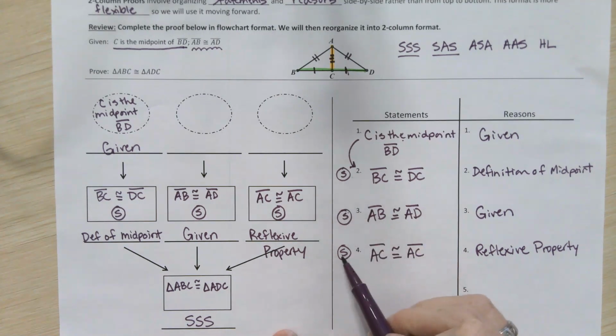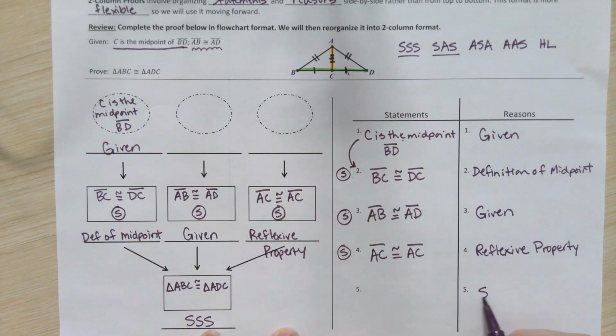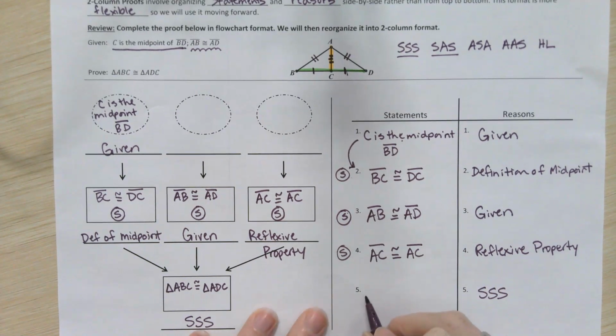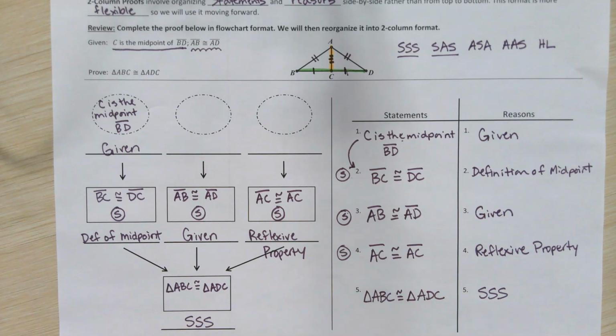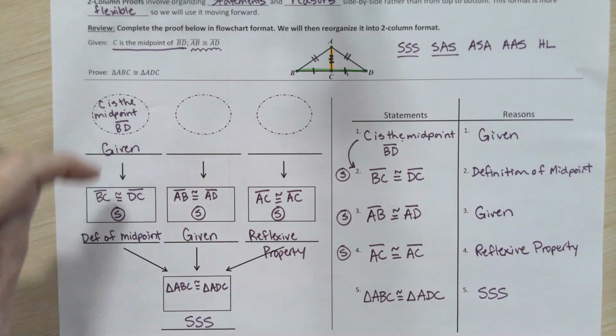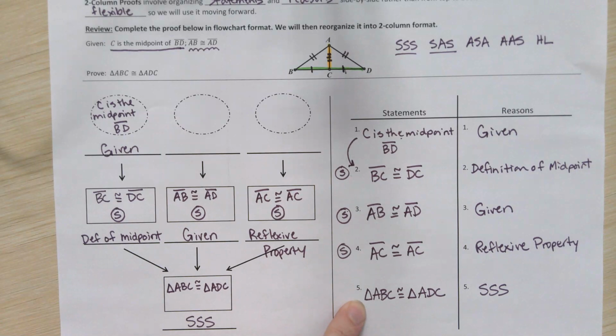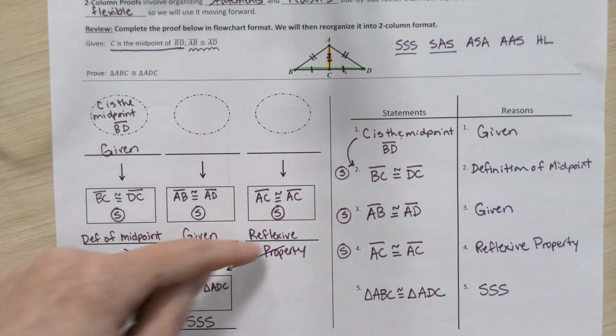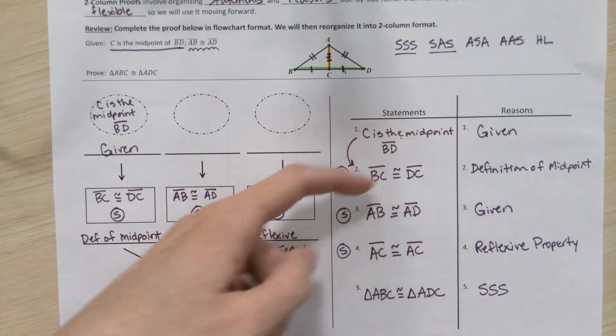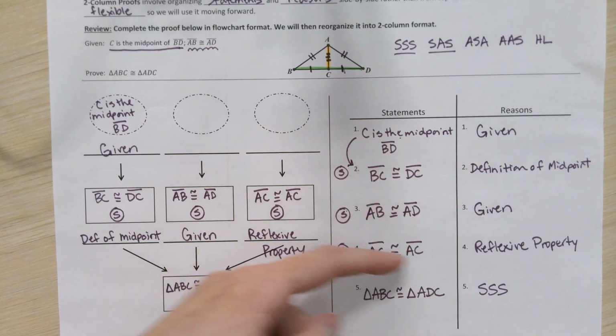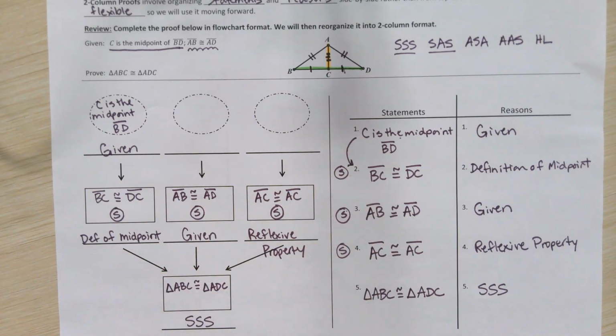And once our 3 S's are ready to go, we can finish out this proof by saying that triangle ABC is congruent to triangle ADC by side, side, side. So it is the exact same 1, 2, 3, 4, 5 statements, just vertically organized, and the same 1, 2, 3, 4, 5 reasons directly across from what they are explaining as we move down that proof.